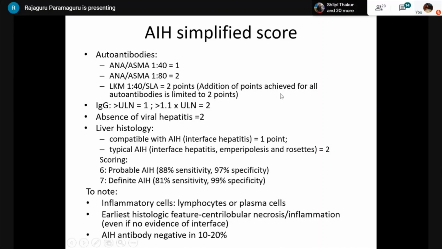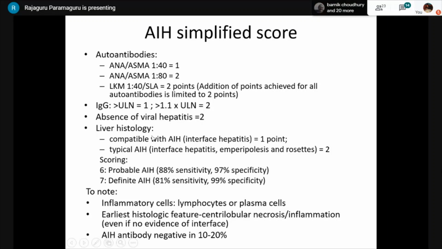There is a simplified scoring for AIH where you give scores for each of the antibody positivity. For the ANA or ASMA, more than 1:40 titer is 1 point and 1:80 is 2 points, and so on for the clinical criteria.